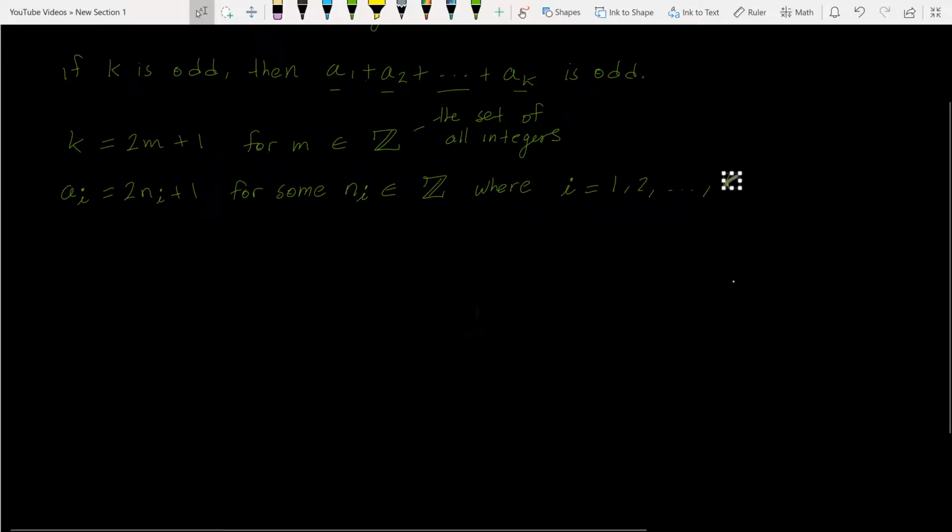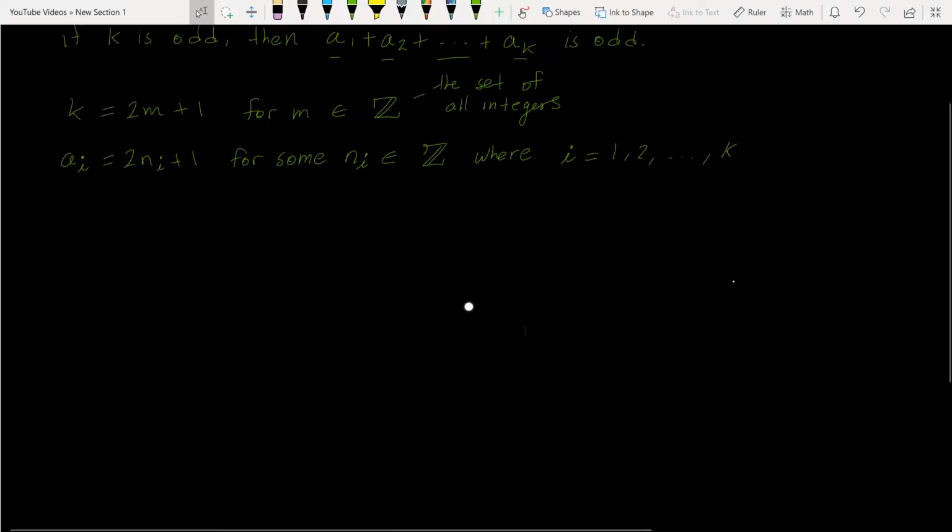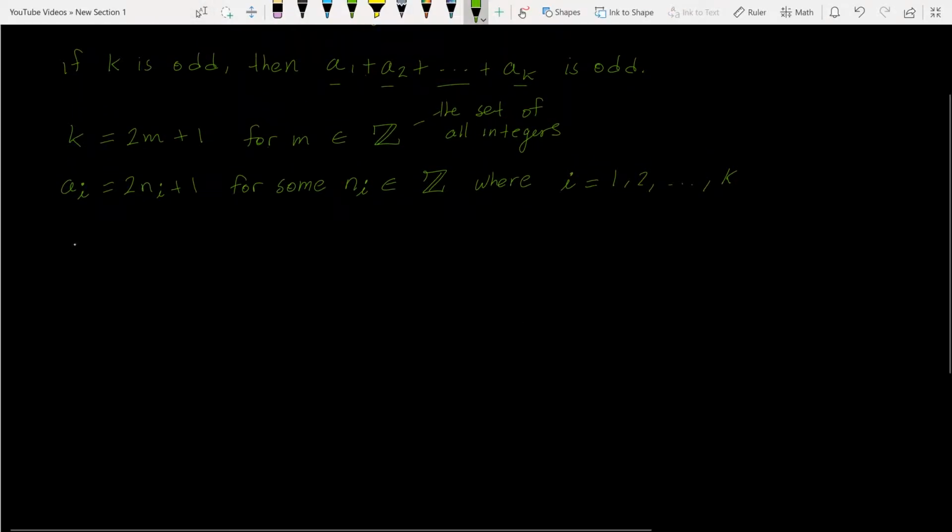So how are we going to start this? Well, we're going to say that the sum a sub 1 plus a sub 2 all the way to a sub k can be represented as a summation from I equals 1 to k equals 2m plus 1, just like we wrote up there.